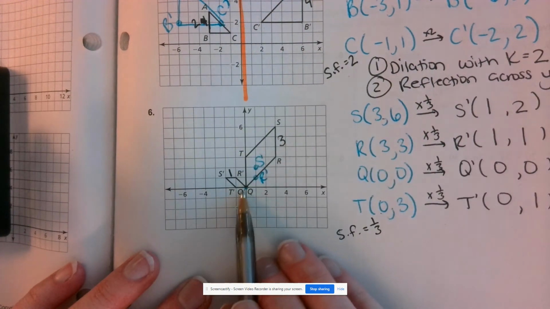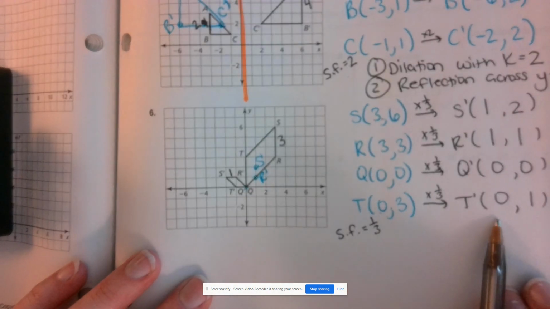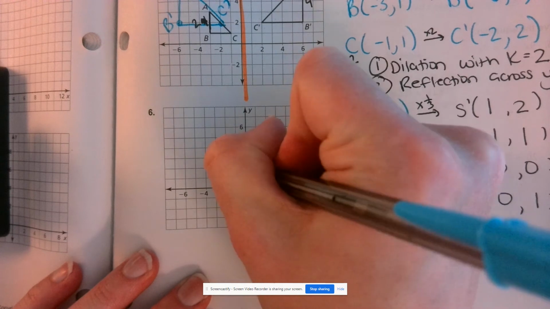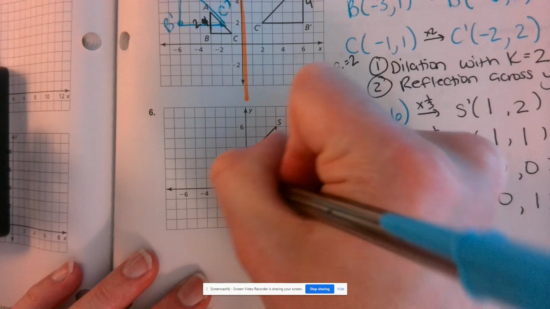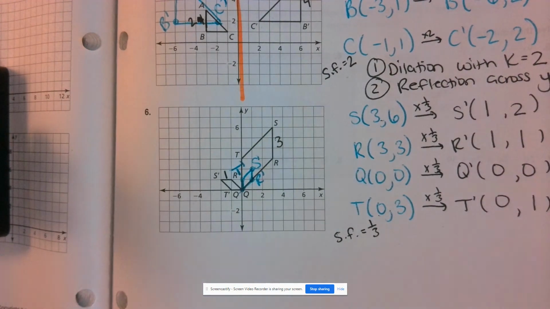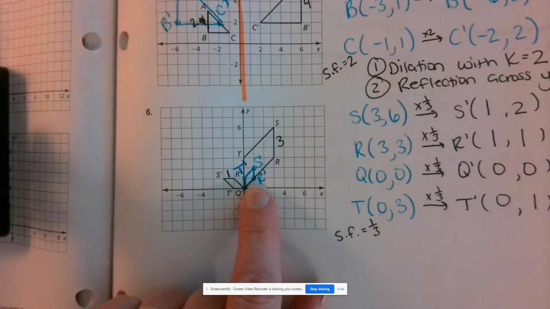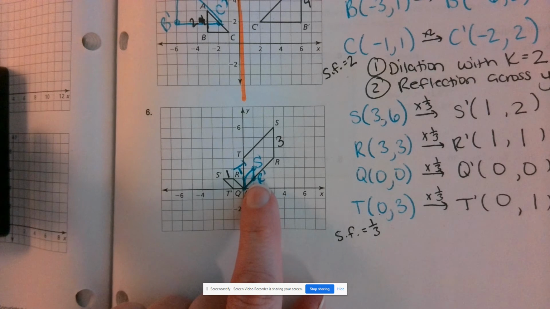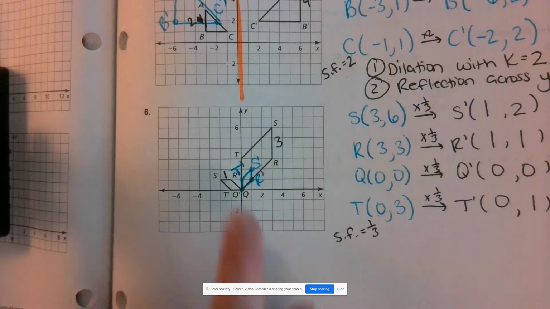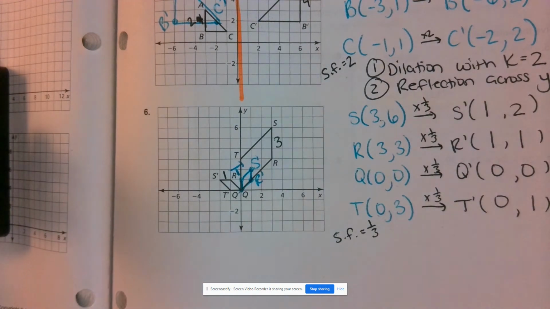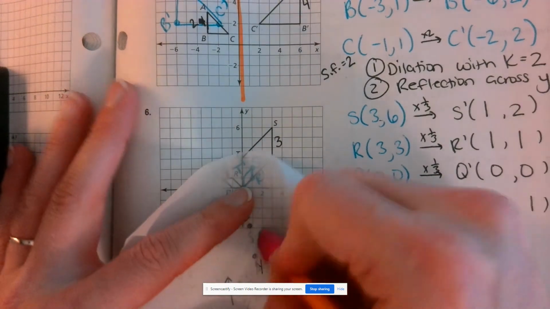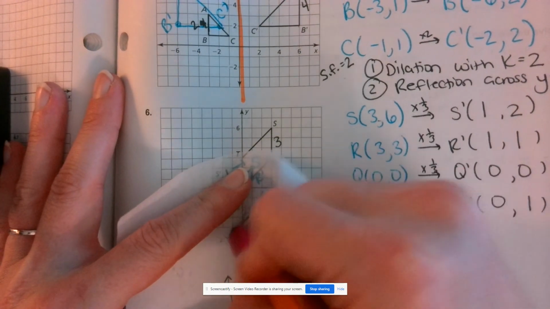I already have Q prime labeled there. So here is my new polygon, and I can tell that to map it onto my final image, I'm going to have to do a rotation. Now, it's always a good idea, even if you have an idea how many degrees you're going to have to rotate it, to just double check using your patty paper.